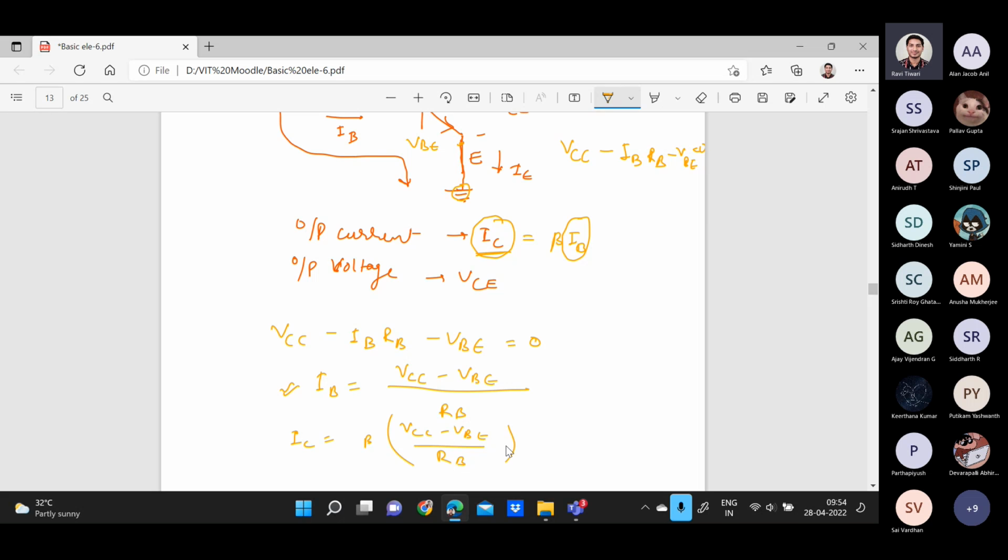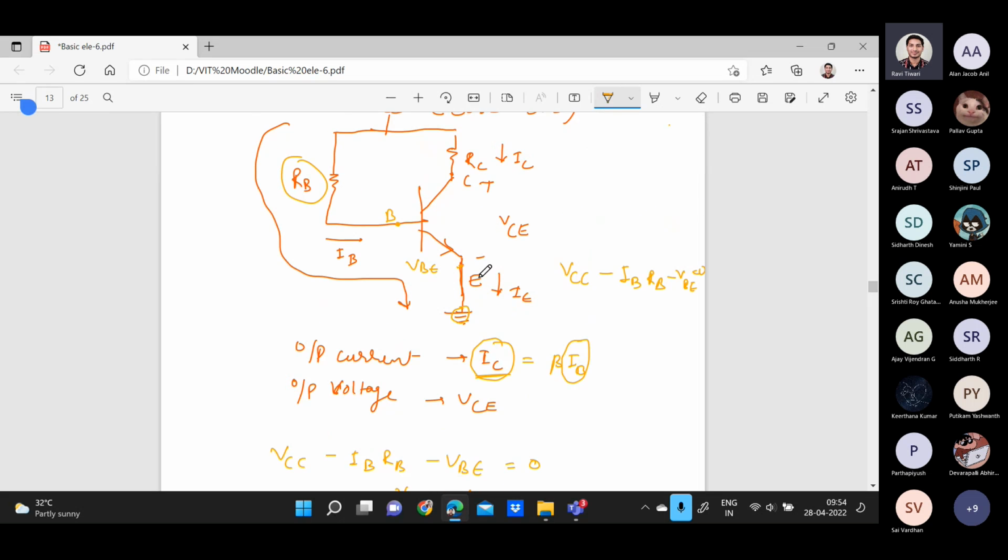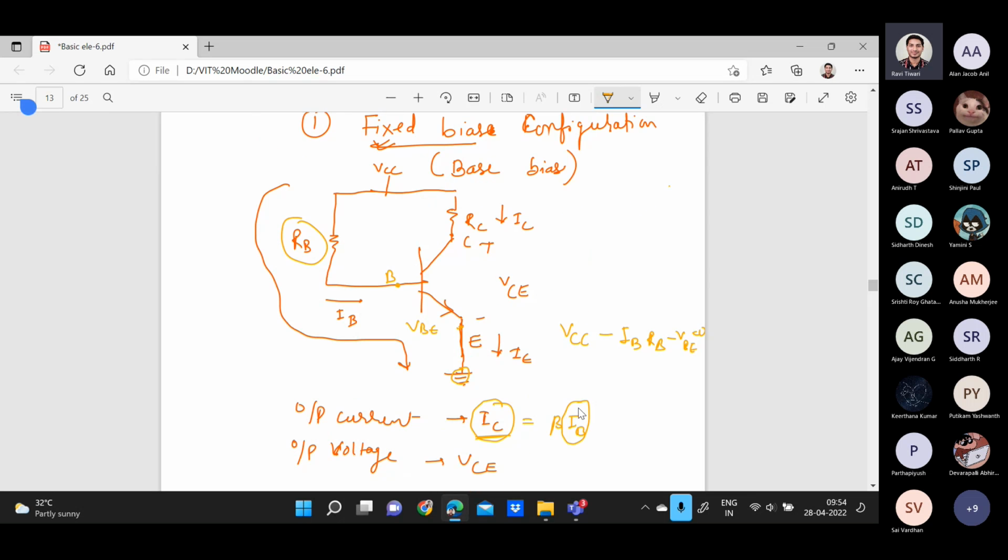I'm just telling you the procedure for such circuits. In fixed bias you will not get any resistance across the emitter. Now you have to find the value of VCE in the output part, so you apply KVL in this outer loop.